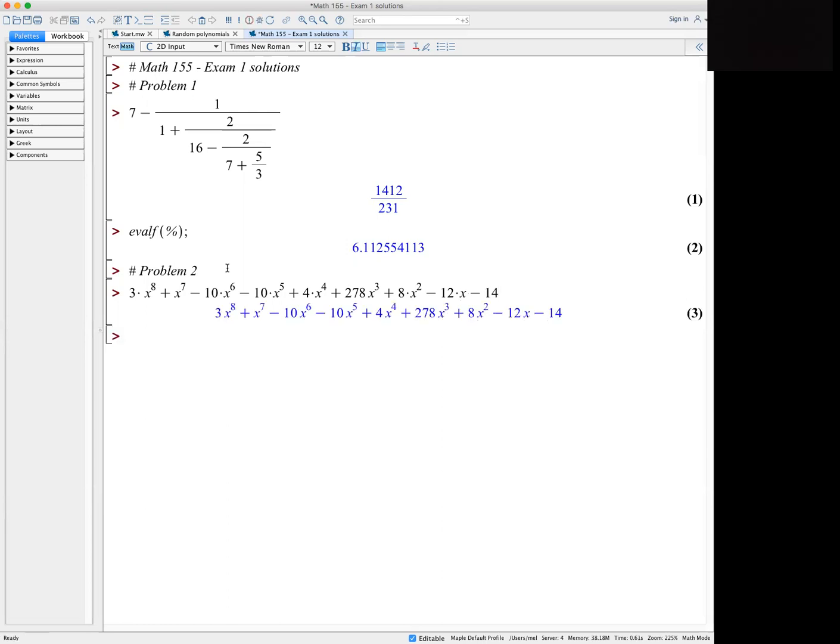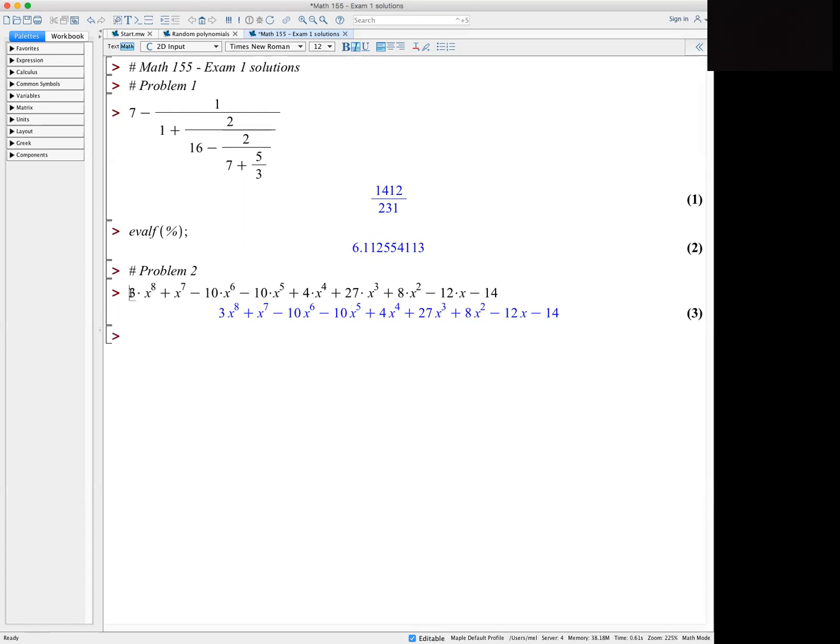So let's see if that's correct. 3x to the 8th plus x to the 7th minus 10x to the 6th minus 10x to the 5th plus 4x to the 4th plus 27 times x cubed plus 8x squared minus 12x minus 14.